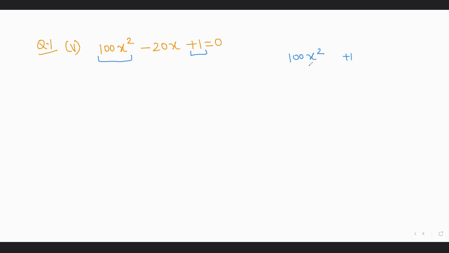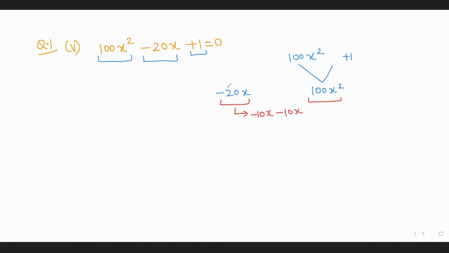So if you do the multiplication, you have the product 100x square. But now the middle term we have is negative 20x. So students, you have to do the factor of this negative 20x such that their product should be 100x square. So very easy, we can write it as negative 10x, negative 10x.